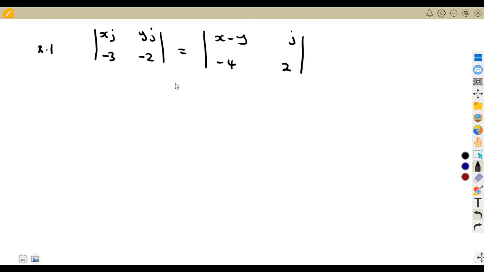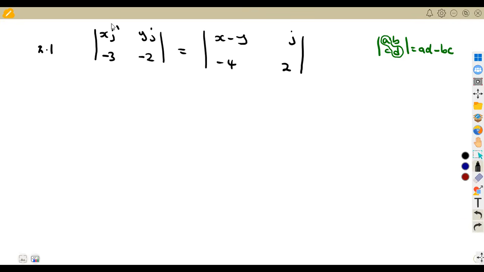So these two determinants are equal. Remember, how do you calculate a determinant if you are given A, B, C, D? The determinant is the product of the major diagonal, which is AD, minus BC, the product of these two. So you're simply finding it the same way that you used to calculate your determinant.